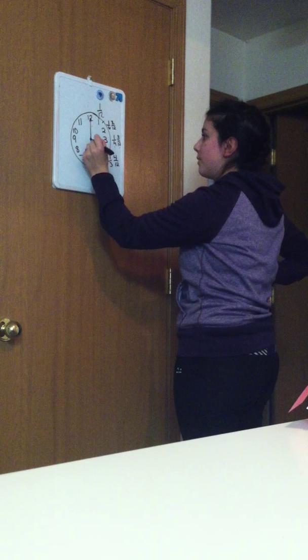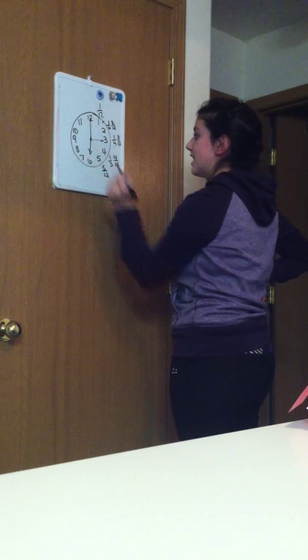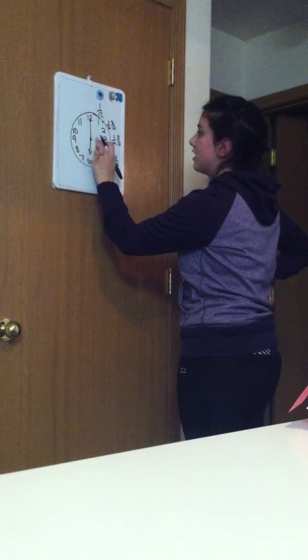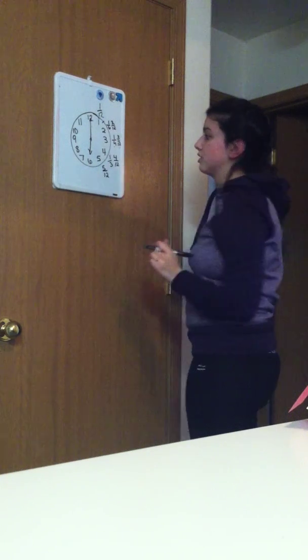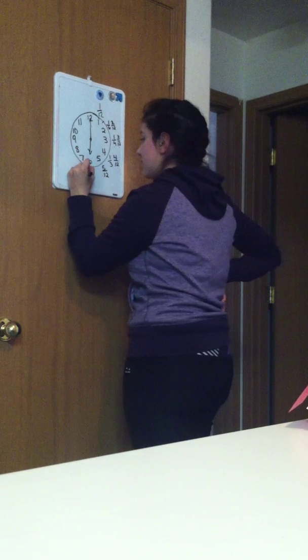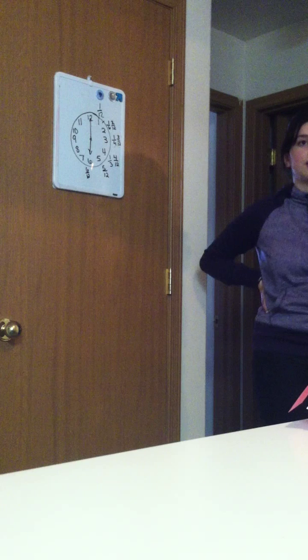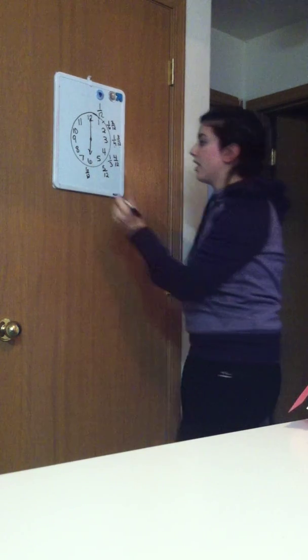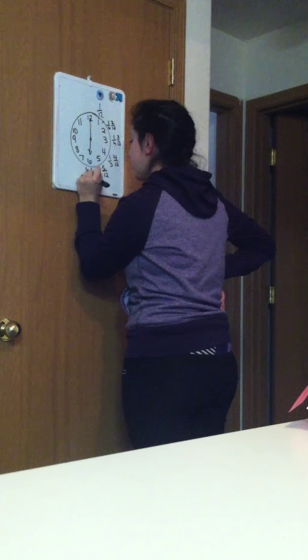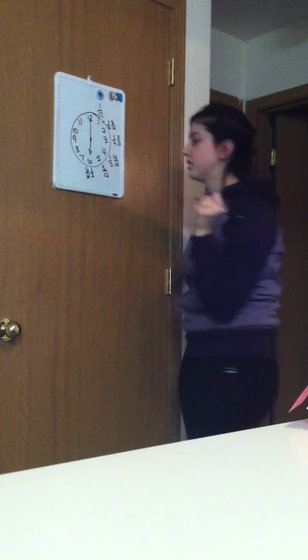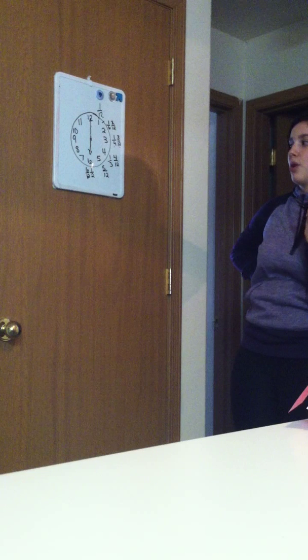So if the hour hand was at the 6 and it was 6 o'clock, what fractions would we have there? 6/12. That's the easy one. What else would we have there? Maybe a half. 1/2. Can we think back to when we were doing equivalent fractions? What else is 1/2?